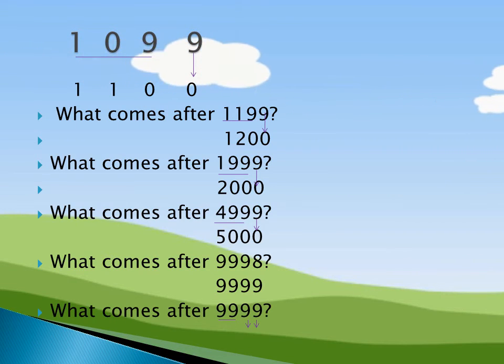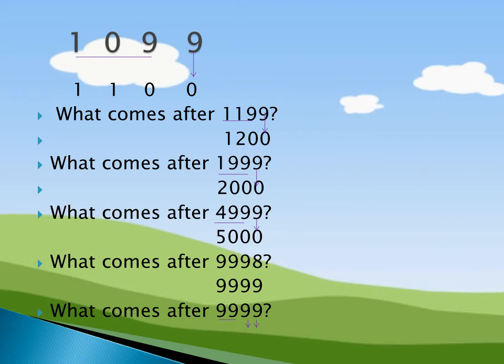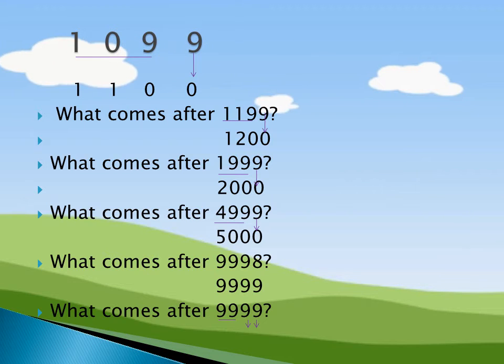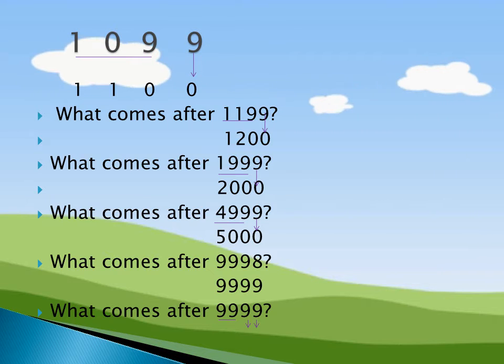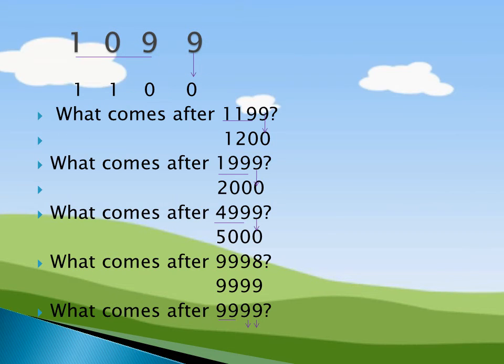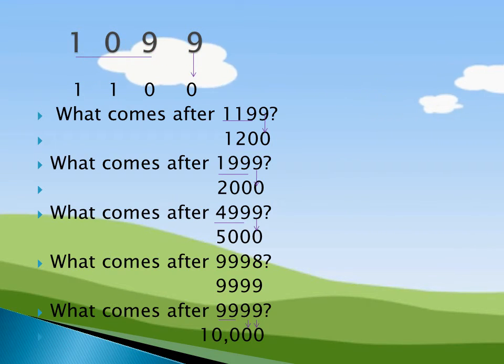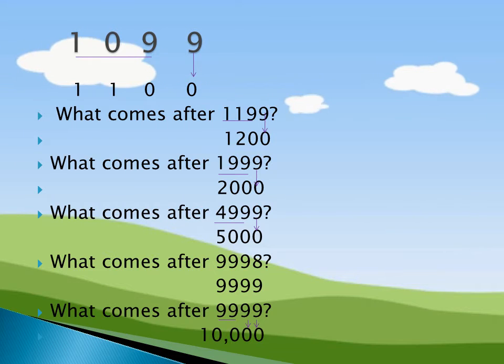What comes after 9999? Here again we do the same process. 9 turns into 0, and what comes after 999? We know that 1000. So the new number is 10,000.